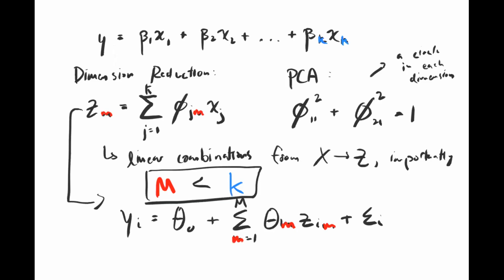And what that looks like is something like this. So let me go back to that. Now there's this question of how do I go about figuring out these phi values.